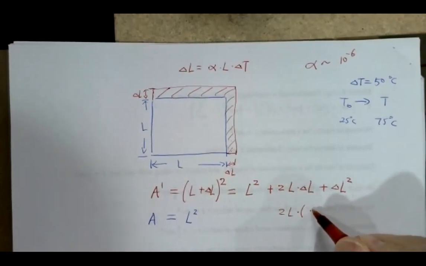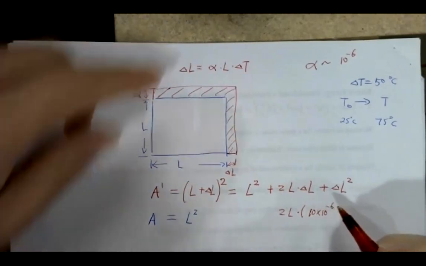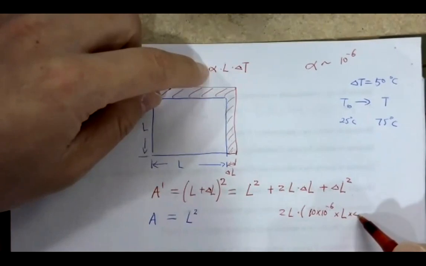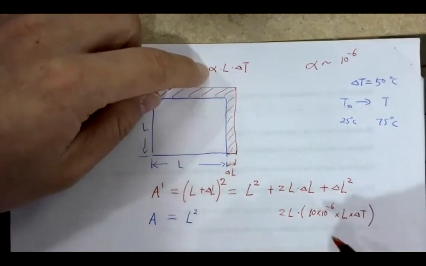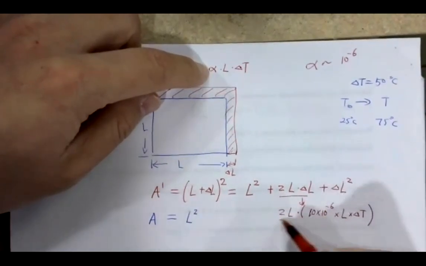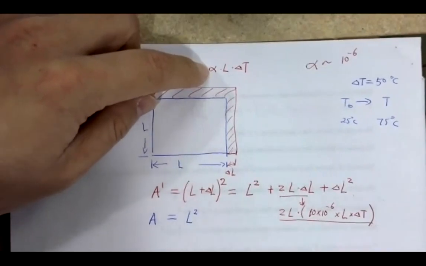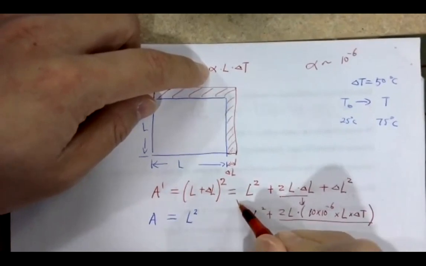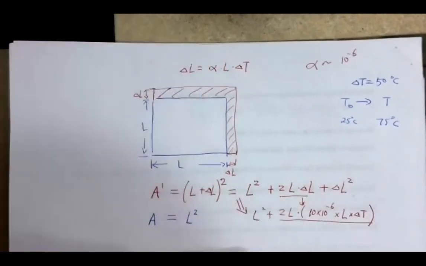Let's take, maybe, 10 times 10 to the minus 6, which is alpha times L times delta T, right? So the second term becomes this, and then L squared remains here. So this equals that.